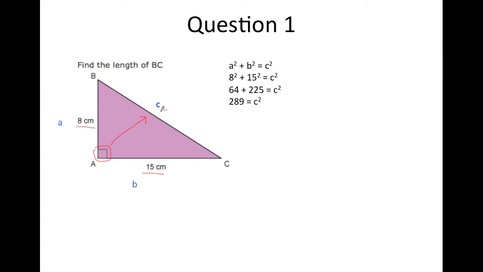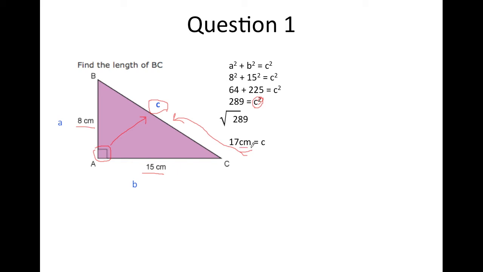We are being asked to find c, not c squared. So what you have to do here is remove the squared by doing the opposite. The opposite of squared is square root. So you square root 289, which leaves us with 17 centimeters, which shows that this length here is 17 centimeters.